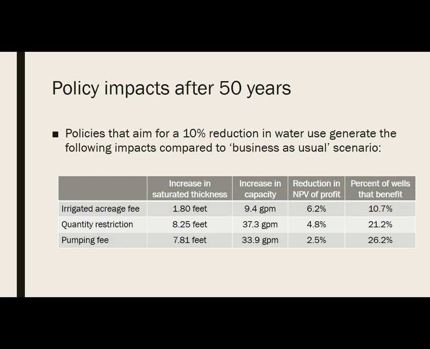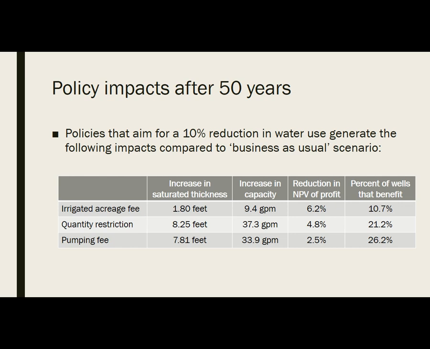So our suggestion would be to not use an irrigated acreage fee in an attempt to conserve groundwater, but rather look more at a quantity restriction or quota or a pumping fee, which after 50 years is found to result in more water in the aquifer and a fairly low impact on profitability, reducing the net present value of profits over that 50-year time frame by less than 5%.